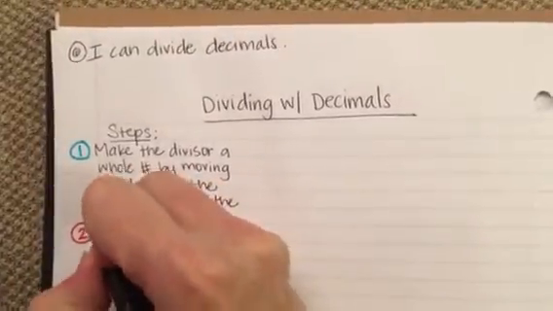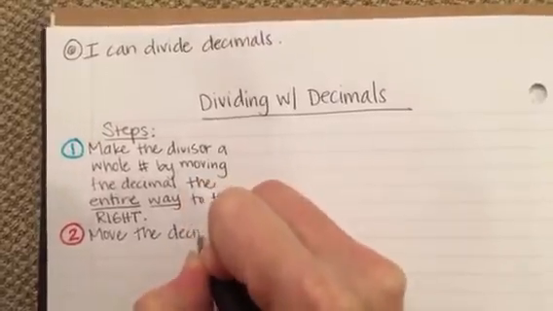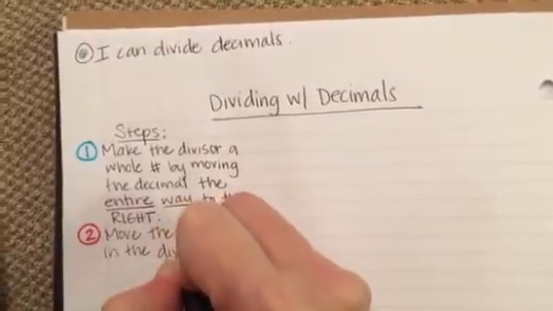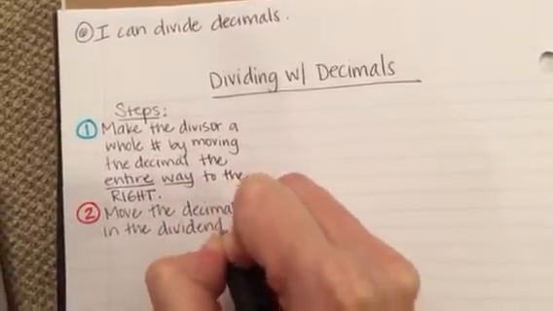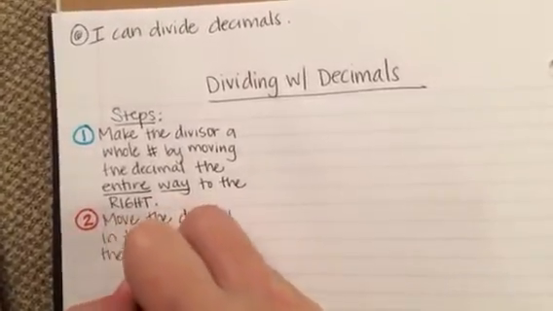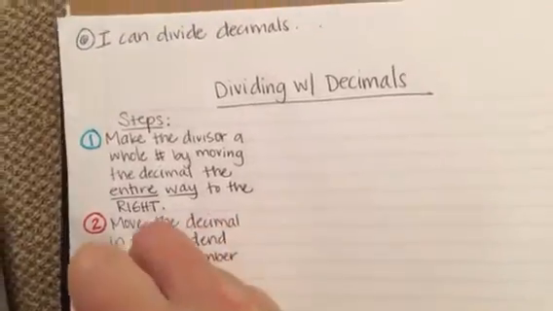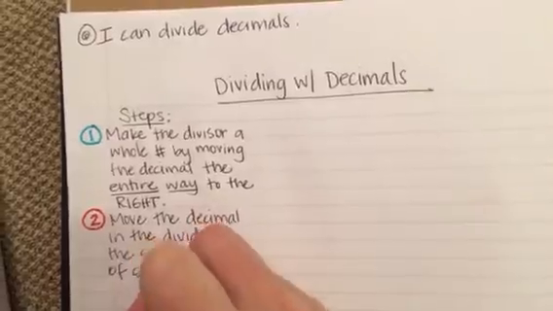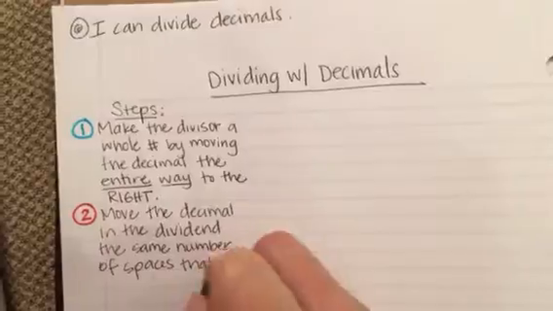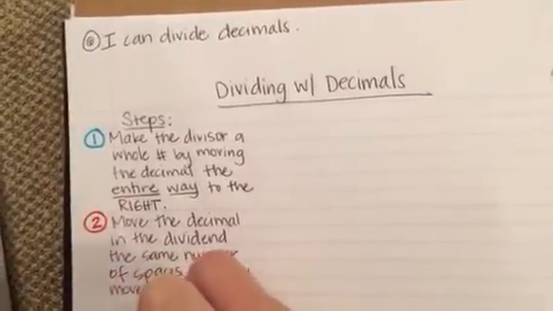Step number 2 says move the decimal in the dividend, which you'll remember is the number inside the division symbol, the same number of spaces that you moved in step 1.